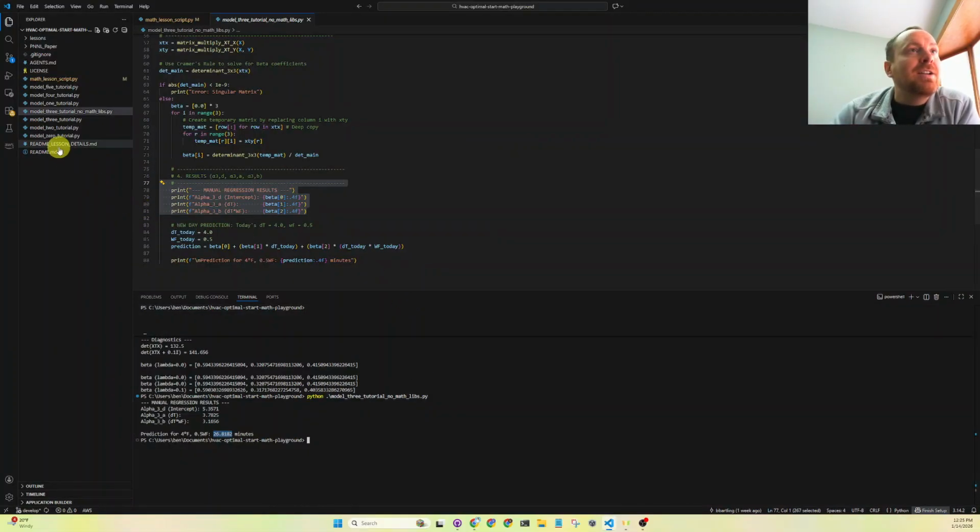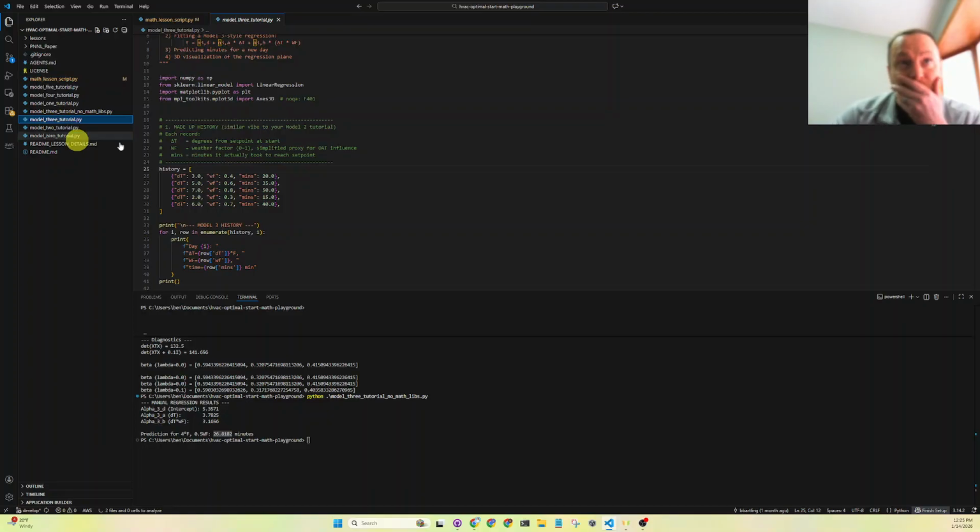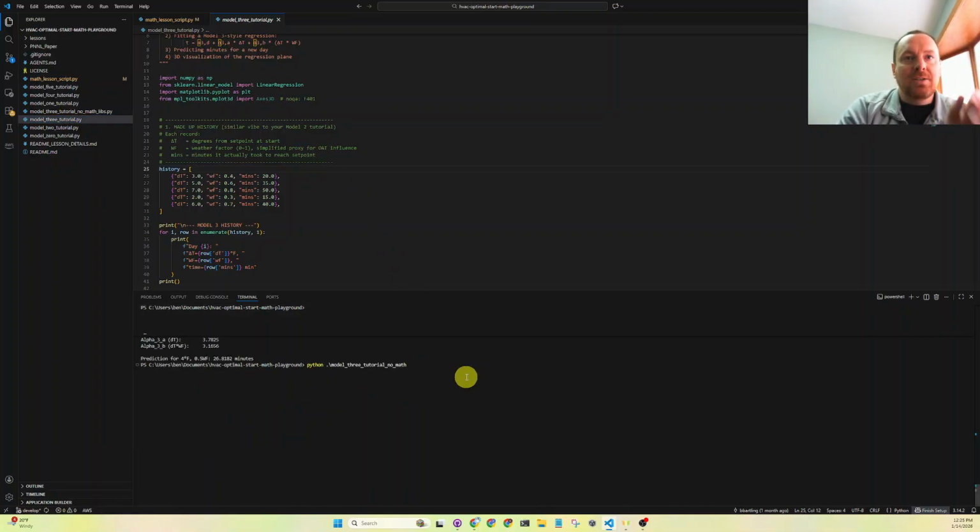But that's it. And then Model 3, this is the one using the math libraries. It's interesting that it takes a little longer for it to fit.